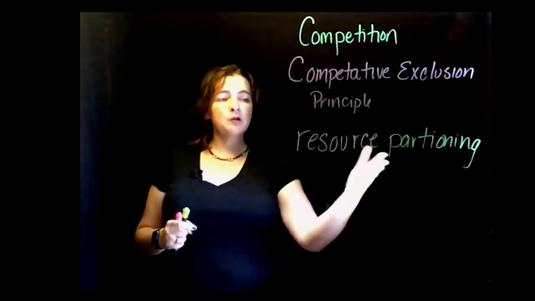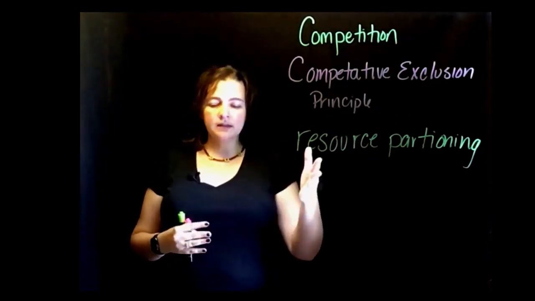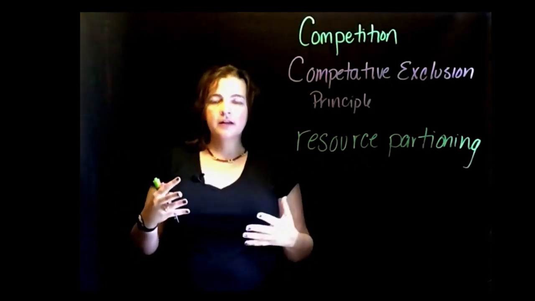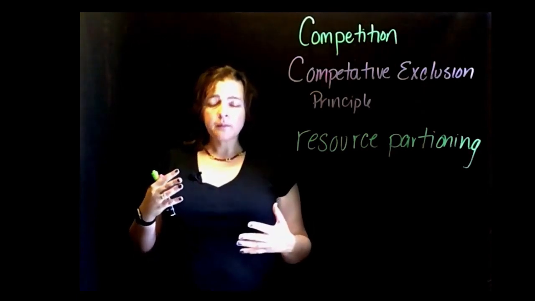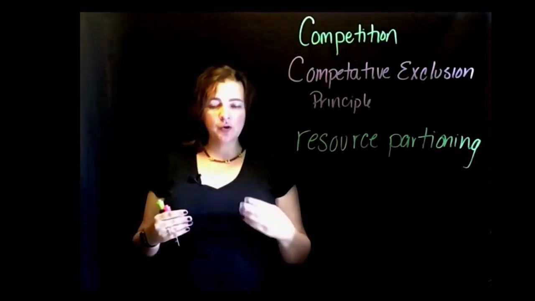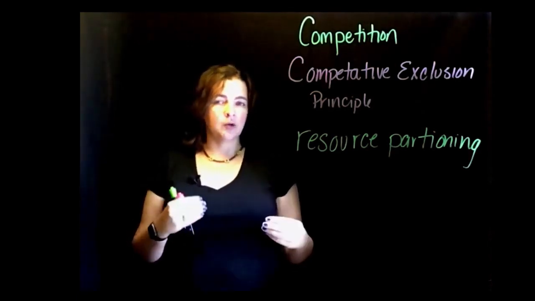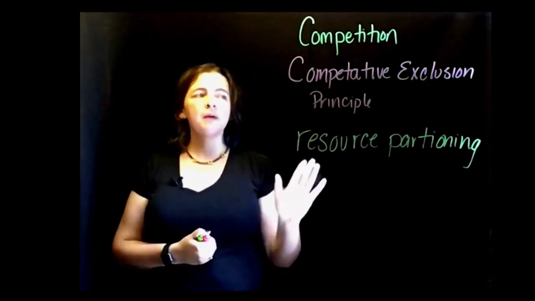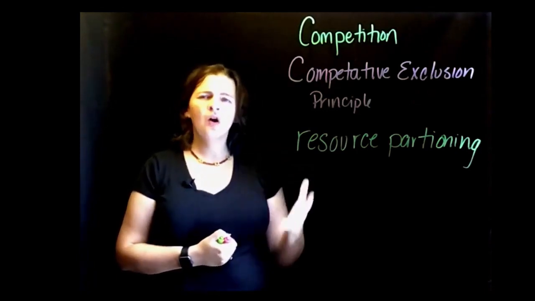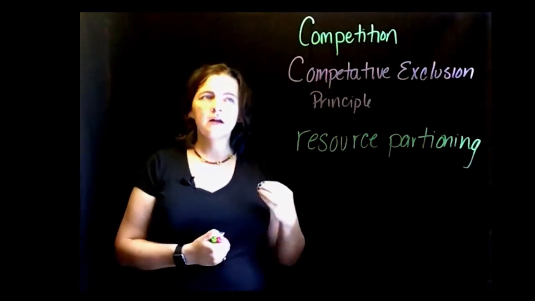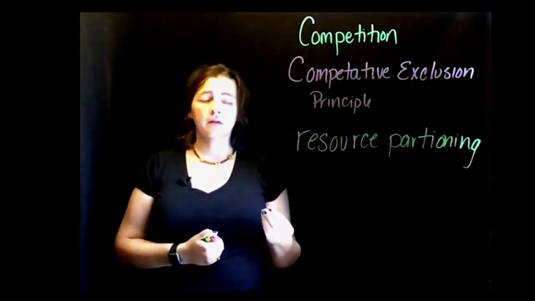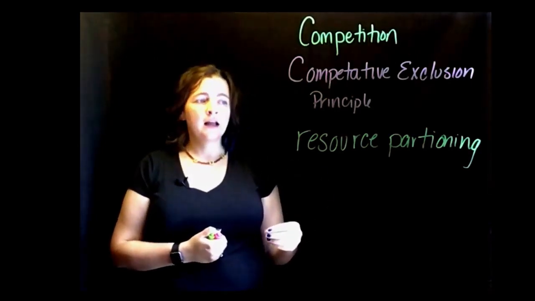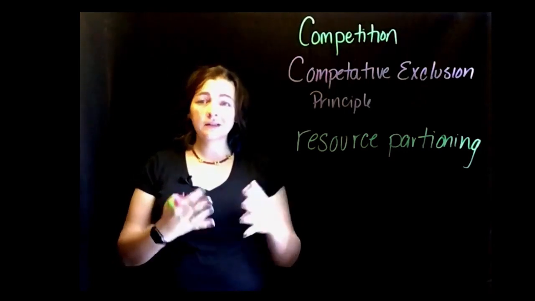With resource partitioning, the organisms that are competing for the same resource somehow evolve to become a little bit more specialized and utilize that resource just a little bit better and a little bit more specifically. When we're looking at competitive exclusion and resource partitioning, we're talking about how that organism interacts with their environment. So it's not just their habitat, but it's how they utilize their habitat. And that's called the niche.